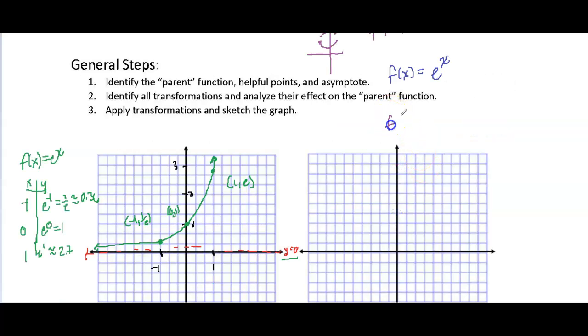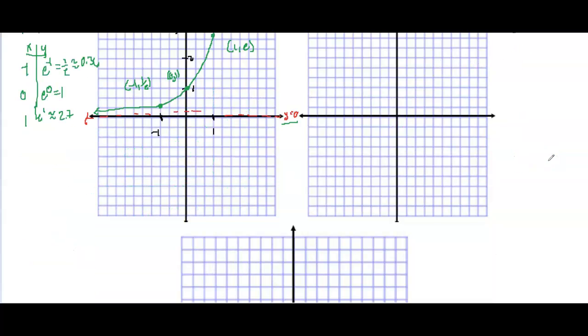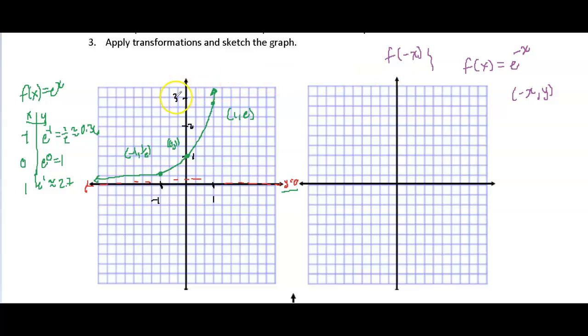So let's start with that negative on the inside first. All right, we have f of x equals e to the -x. And remember what that does, it reflects about the y-axis, meaning it's going to affect our x coordinates. Everything on the left-hand side of the y-axis will be reflected over to the right-hand side, and everything on the right-hand side will be reflected over to the left-hand side.